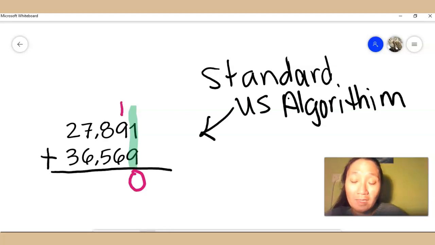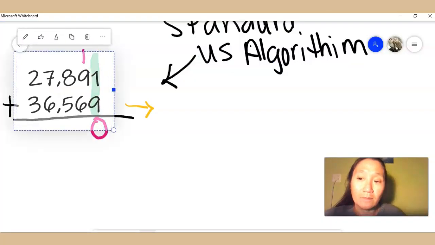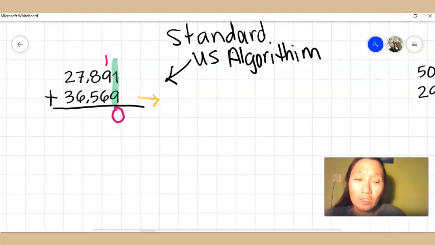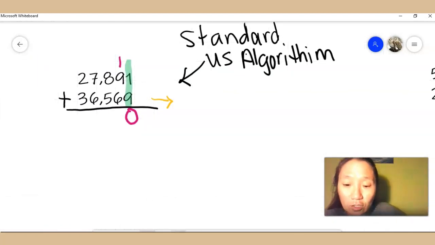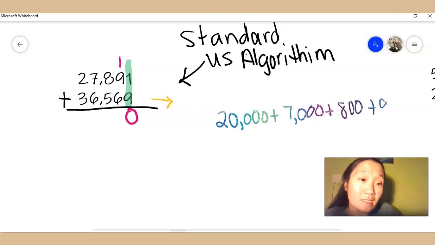So if you were to write this in expanded form, you would have a much different looking number. I'm going to put this in expanded form so that you can see it. If I was to write this, it would be 20,000 plus 7,000 plus 800 plus 90 plus 1.